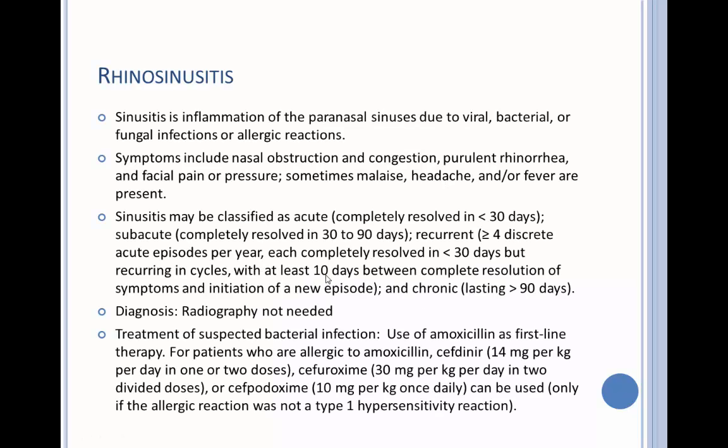Now let's talk about sinusitis. Sinusitis is an inflammation of the paranasal sinuses and could be caused by viral, bacterial, fungal, or even an allergic reaction. Symptoms basically include nasal obstruction, congestion, purulent rhinorrhea, facial pain or pressure, and sometimes malaise and weakness.